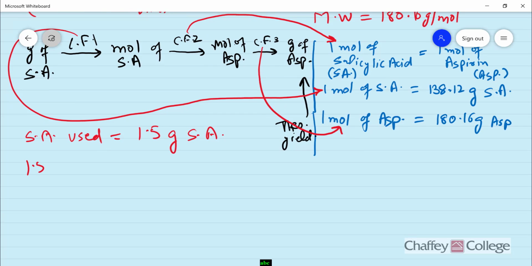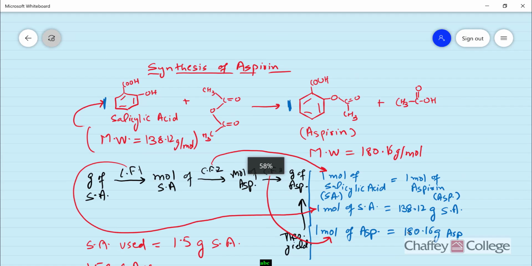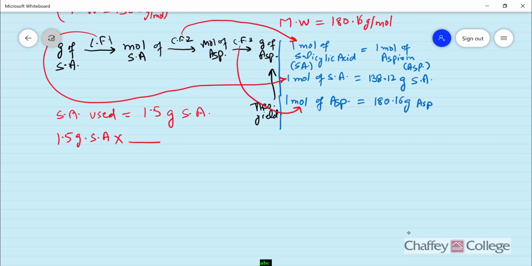So I will have 1.5 grams of salicylic acid multiplied by conversion factor 1, which is the second equation. Down here will be 138.12 grams, and up here will be 1 mole salicylic acid, multiplied by conversion factor 2, which is the mole-to-mole conversion.